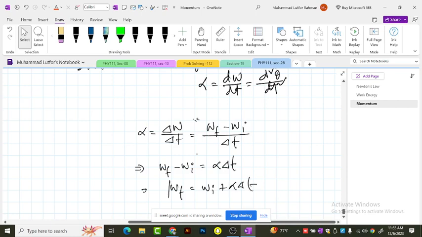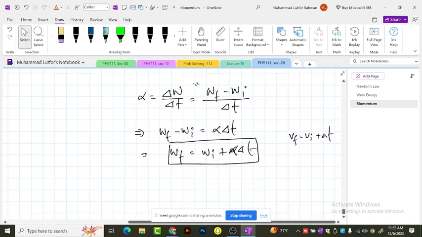This is exactly analogous to the linear kinematics equation, Vf equals Vi plus at, which holds for constant acceleration a. Right now this system moves at a constant angular acceleration alpha.